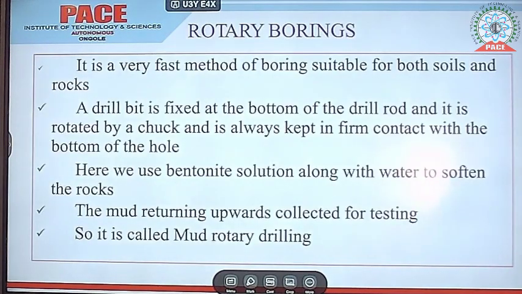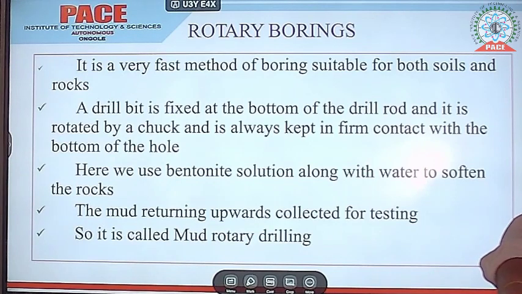Coming to rotary borings, it is a fast method of boring suitable for both soils and rocks. A drill bit is fixed at the bottom of the drill rod, and it is rotated by a chuck and is always kept in firm contact with the bottom of the hole, as shown in the figure.